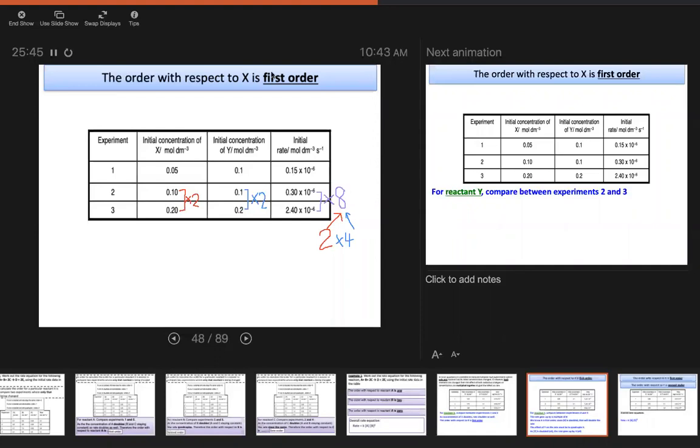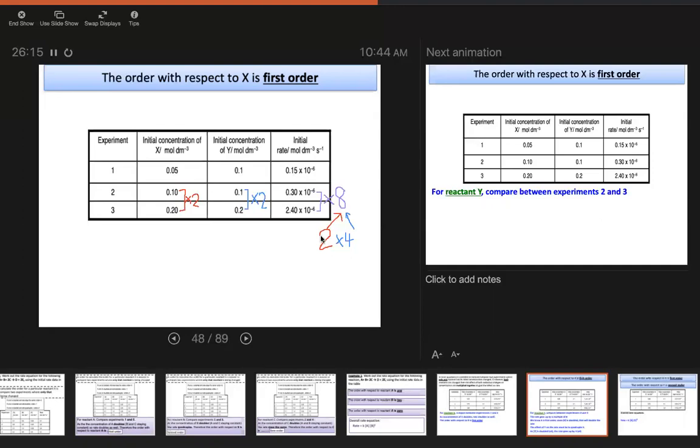So I repeat this: times 2 comes from X because X is first order. If you double the concentration, the rate is also doubled. Now, the total change in rate is times 8, so you have a remaining times 4. So this times 4 is the effect that you get from Y.